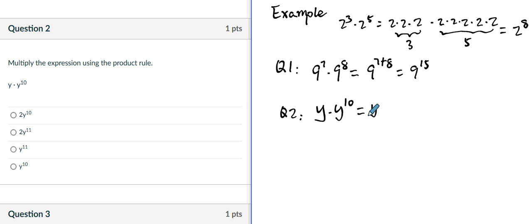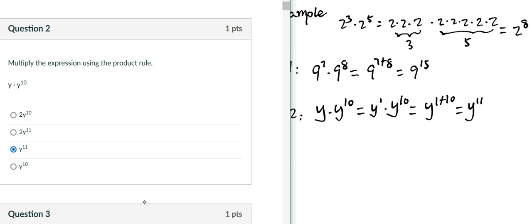That's basically y to the first power times y to the 10th power. That's y to the 1 plus 10. So that's y to the 11th. And which one is correct? We're right here.